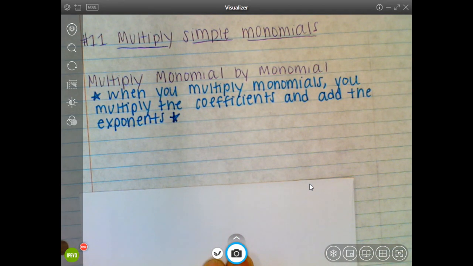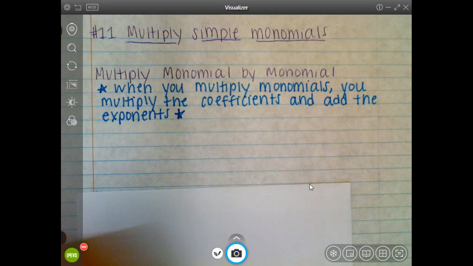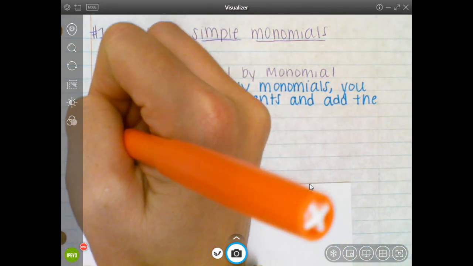That is something that a lot of students tend to mess up and change the order of, but you multiply the coefficients and you add the exponents. So let's start going with some examples, and I think this will make a lot more sense.